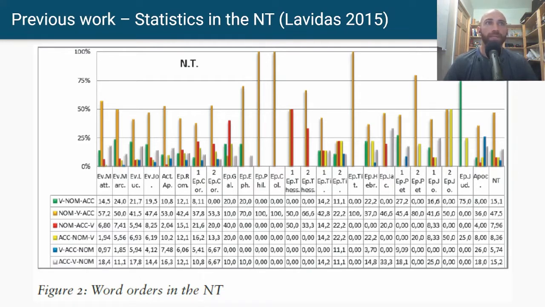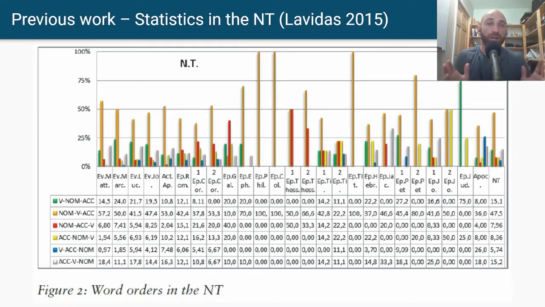But he sees that SVO, so nominative, verb, accusative, in the New Testament is 47.5%. So that's a very high number. Verb, nominative, accusative, so verb, subject, object is 15.1%. So, triple the amount of clauses in SVO versus VSO.